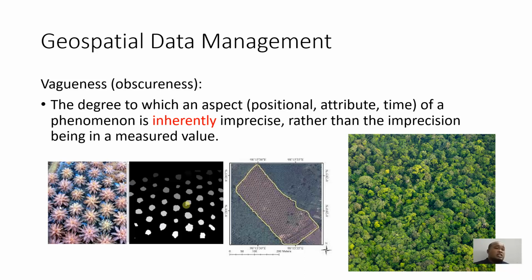So the vagueness is actually on how sure you are, on the determination of the values on the data itself.